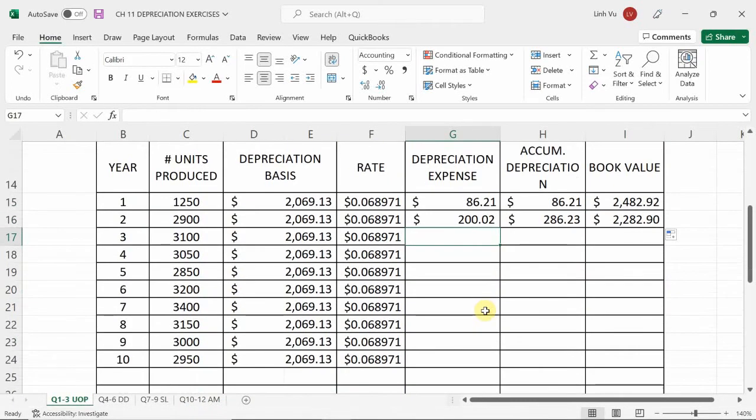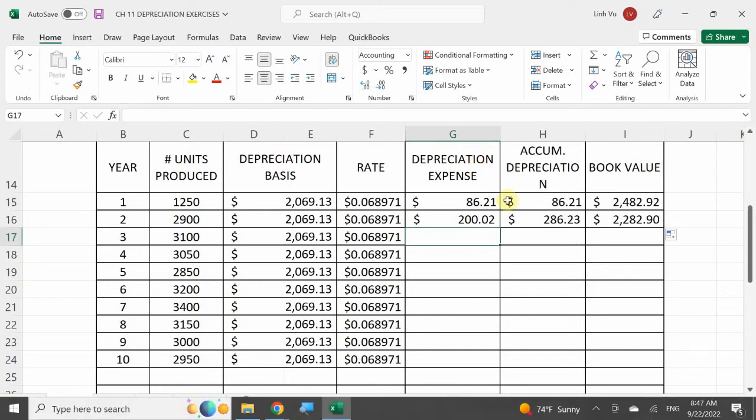All right. So next, if this year I produced 3,100 units, what's my depreciation expense? $213.81.